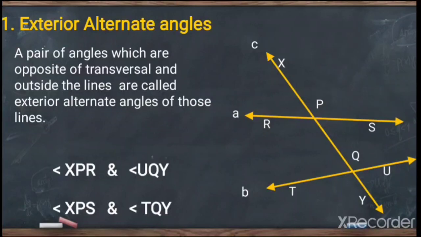It means opposite to the transversal and outside the lines, line A and line B. Angle XPR, its exterior alternate angle is angle UQY. Again, the next one, angle XPS. Its exterior alternate angle is angle TQY. So these are the angles made by transversal.